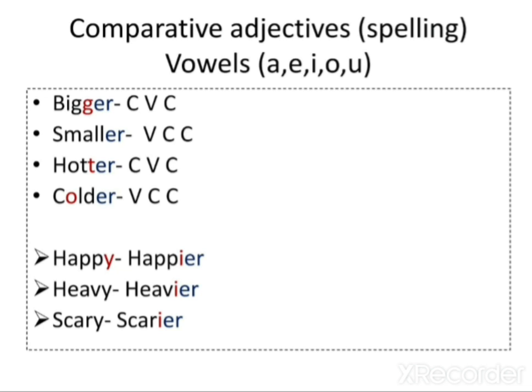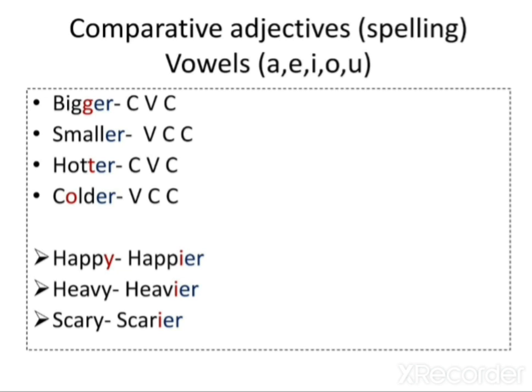So because it's vowel, consonant, consonant, we can just add ER. We don't need to add another letter, okay. So just to recap, when we have consonant, vowel, consonant, we need to double up the last letter. If we have something different than consonant, vowel, consonant, we don't need to add anything. And this might take a little bit of practice, and that's okay.